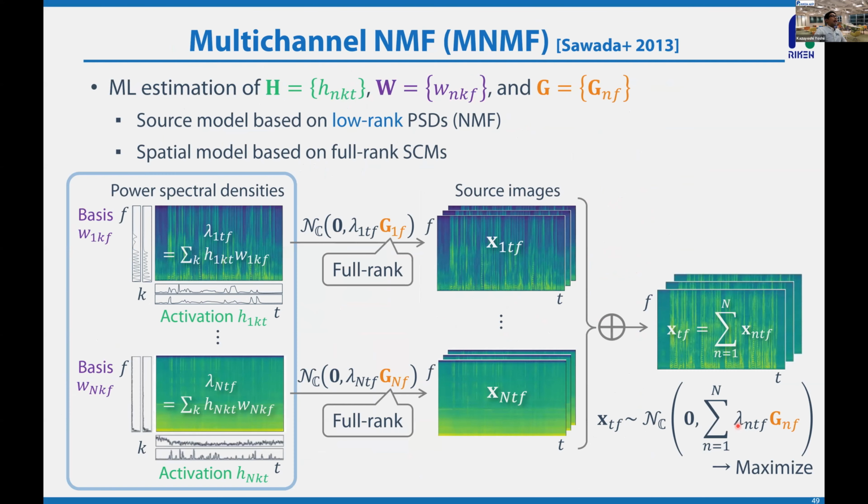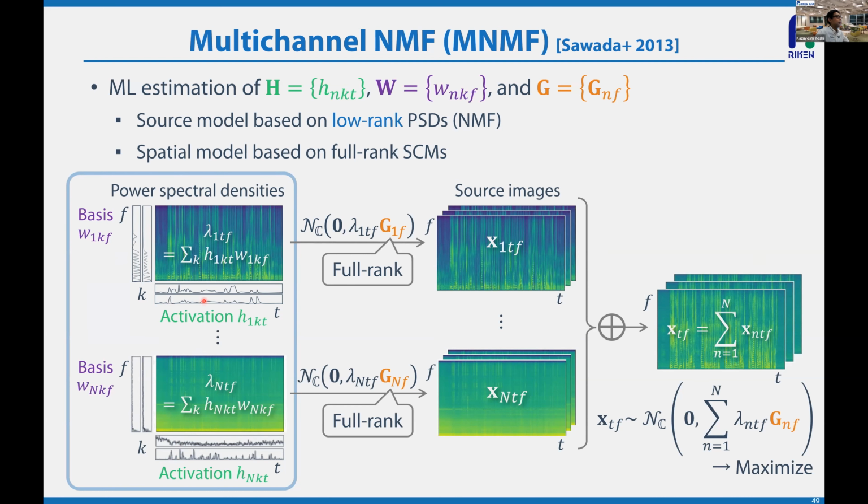In this framework, one of the most popular, well-known methods is multi-channel non-negative matrix factorization. Here, the power spectral density lambda 1 tf is assumed to be represented according to non-negative matrix factorization. These are the power spectral densities of the first sound source and the second sound source.